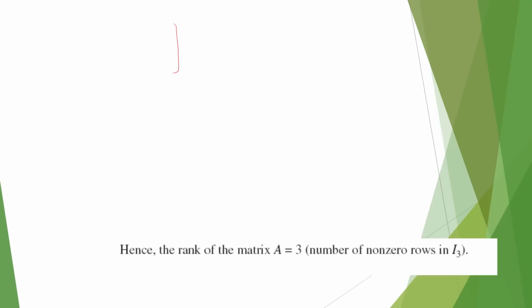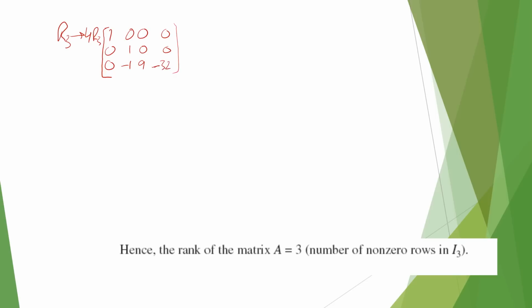Then we apply the operation on R3, 4 times R3, so it becomes 1 0 0 0 0 1 0 0 0. This is minus 1, 9 and minus 32.